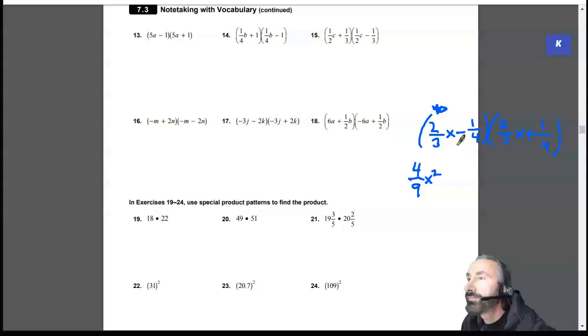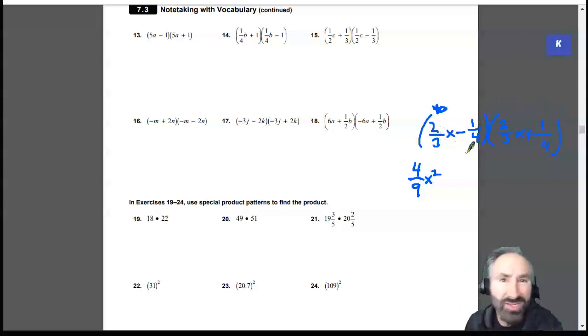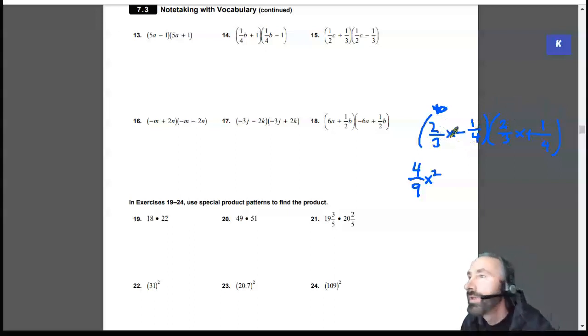And then negative 1/4 times 2/3 x and positive 1/4 times 2/3 x, those are going to cancel, so I'm not even going to write them out. But negative 1/4 times positive 1/4 is going to be negative 1/16. So problems like 15 look a little tricky, but they're not quite as bad as they look.